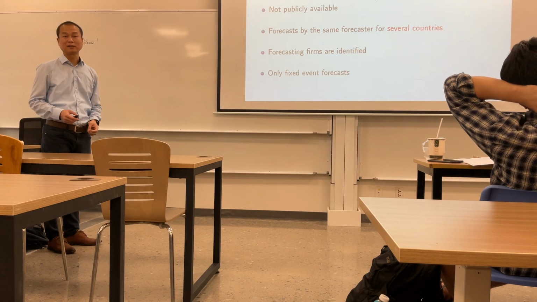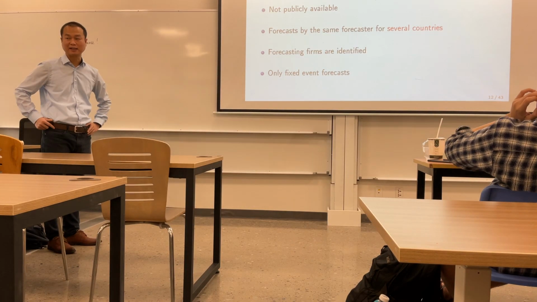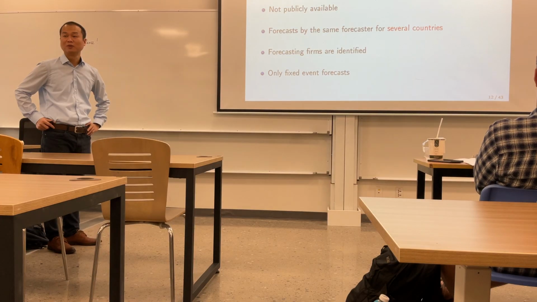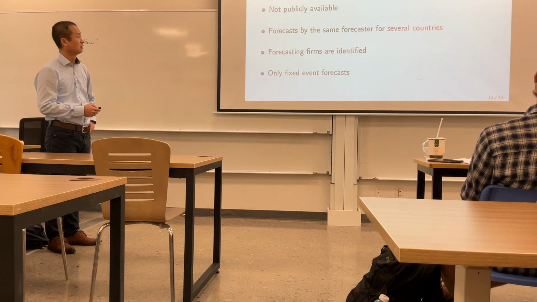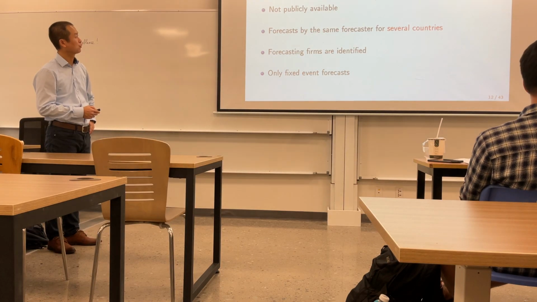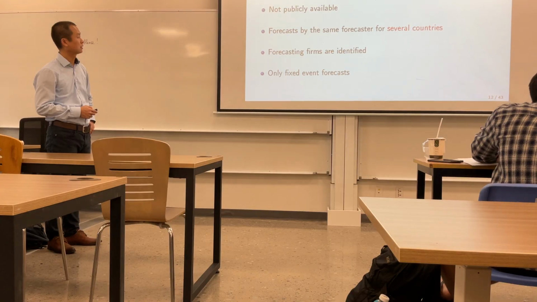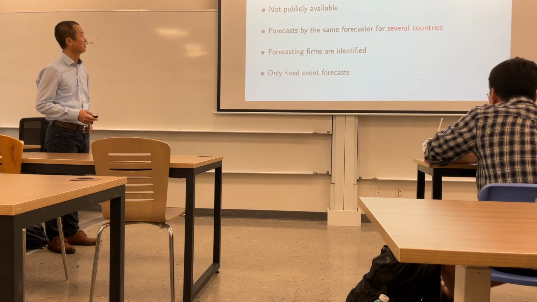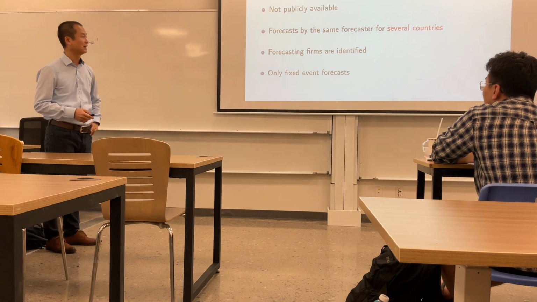So they can make professional forecasts for a single country, like Germany, and I think also Vietnam is part of it. So it's a professional forecast for most countries around the world, but it's not publicly available, and we have to pay to get it. It's very, very expensive to get this data set.